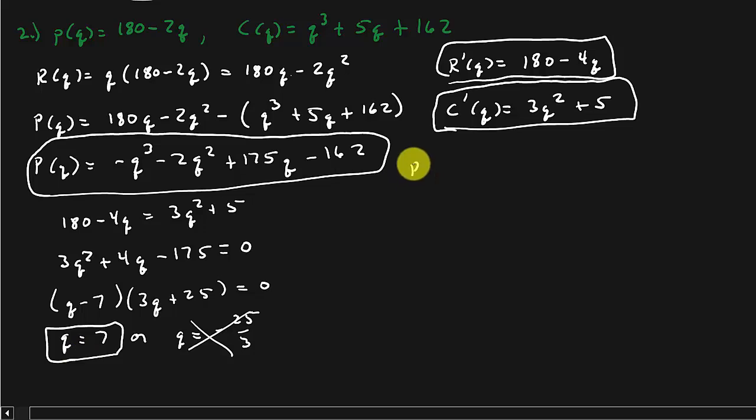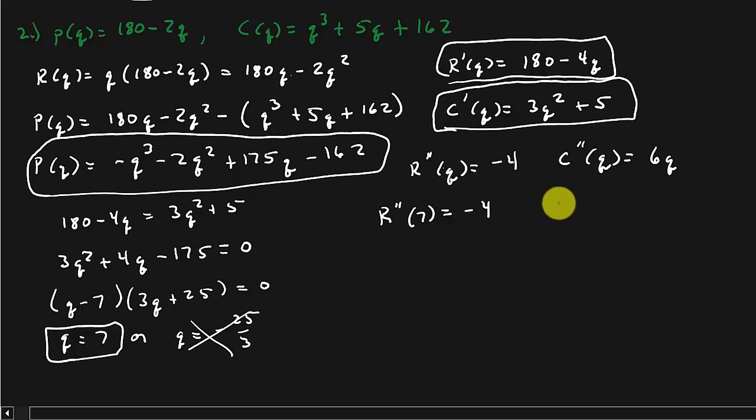All right. Now we need to test this out. So I've got r double prime of q is equal to negative 4 and c double prime of q is equal to 6q. So r double prime evaluated at 7 is negative 4 and c double prime evaluated at 7 is 42. And we can see that r double prime is less than c double prime evaluated at 7.